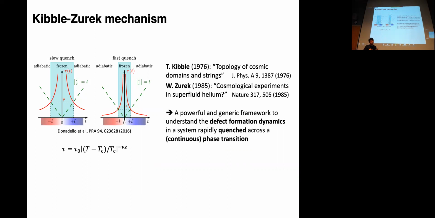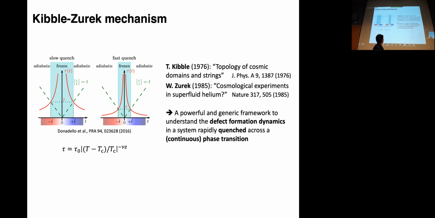And at some point, the reflex of your system is going to be so slow that it can't actually follow the externally imposed temperature quench, at which point the system effectively becomes frozen, and the correlations also get frozen with a characteristic length scale, psi hat, for instance.